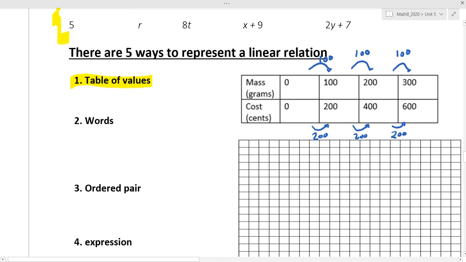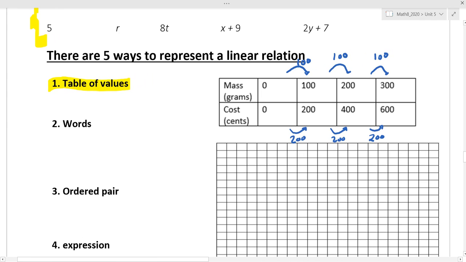Right? Now, we can describe linear relationships with words. That's sort of what we were doing last day, part of our 3 steps. So to describe this, we could say for the grams, for every 100 grams, it costs 200 cents. So the X is growing by 100, the Y's are growing by 200.